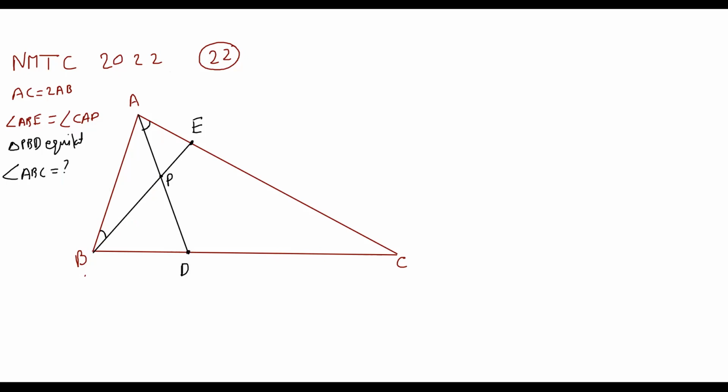So let's see. Because this AC equal to 2AB is given, I may try to, it is not equilateral, but let's try to draw the median.